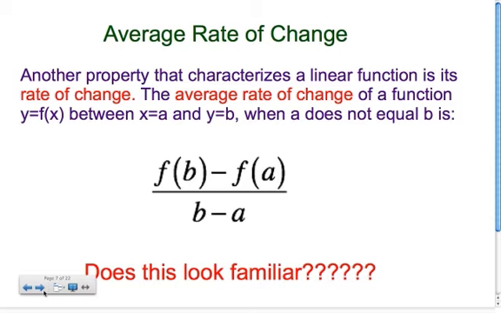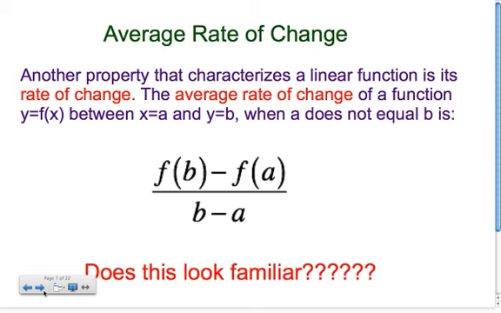Okay, another property that characterizes a linear function is its rate of change. The average rate of change of a function y equals f of x between x equals a and x equals b, when a does not equal b, is f of b minus f of a all over b minus a. Does that look familiar?